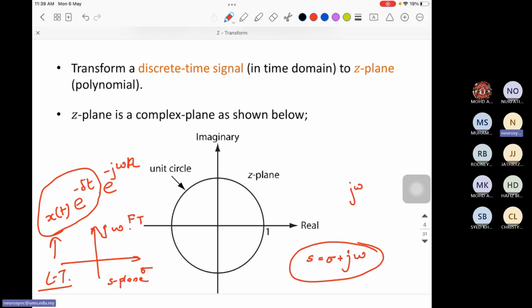Now the Z transform has the same kind of interpretation. There may be a sequence x of n for which the Fourier transform does not exist, but the Z transform does exist. In the Z transform we have the Z plane.